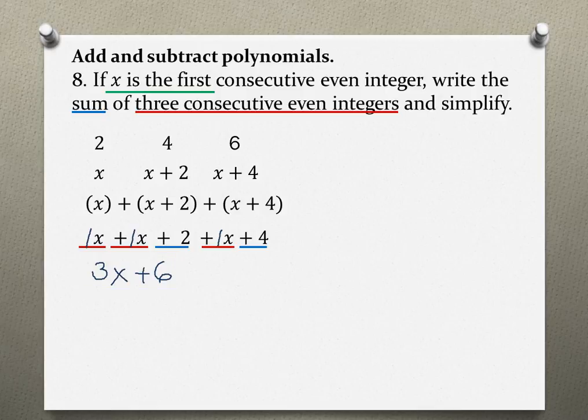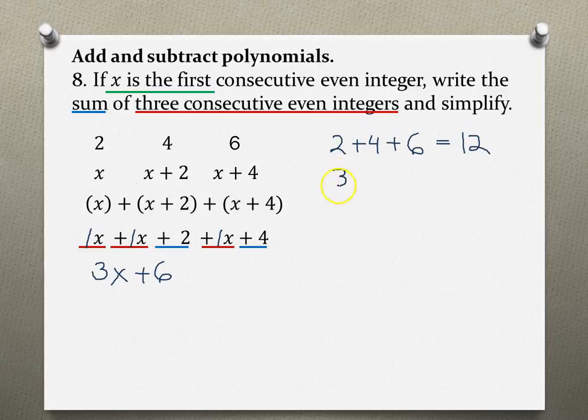You can actually verify your answer by using 3 test numbers, and in our case we can use 2, 4, and 6. Remember, the problem asks to write an expression that would represent the sum of 3 consecutive integers. So using these 3 numbers and adding them together, we get 12.